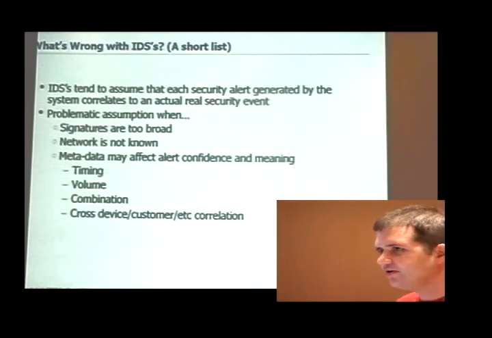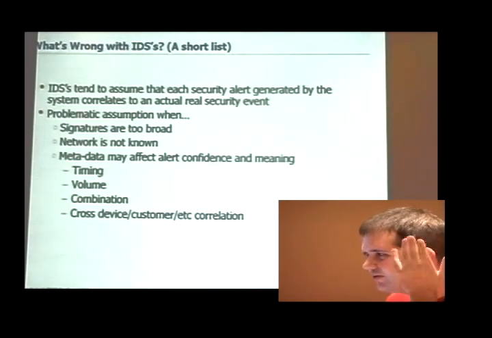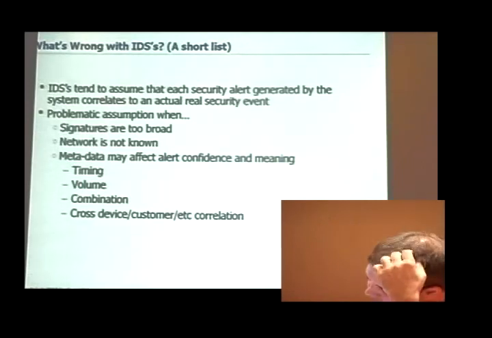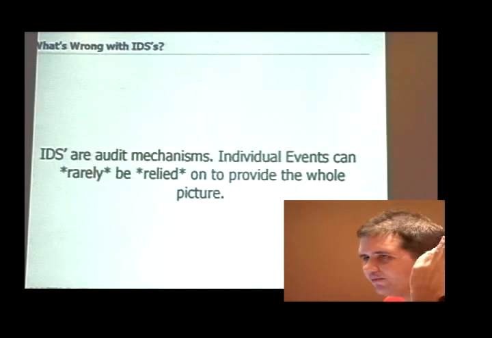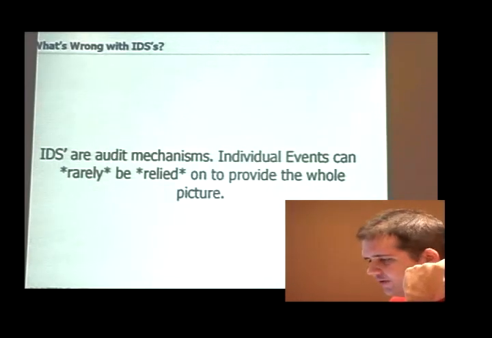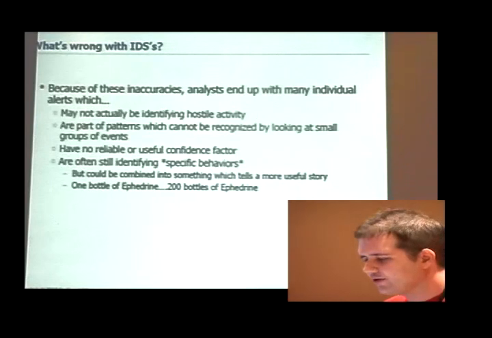And the other piece is, IDSs typically don't have a good concept of timing, volume, event combination, basic stuff that a human would be able to look at, but it's difficult to do programmatically. So basically, individual events can't be relied on to provide the whole picture.